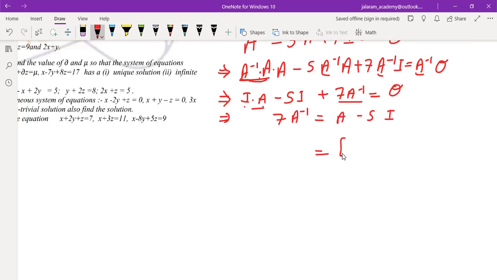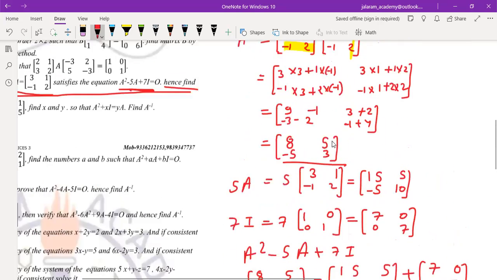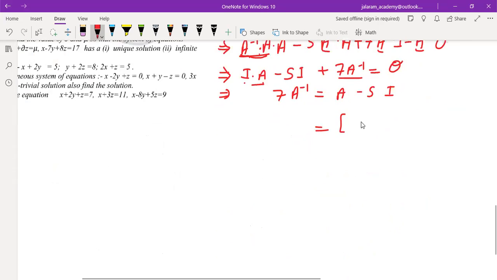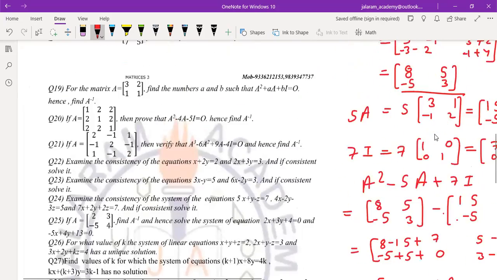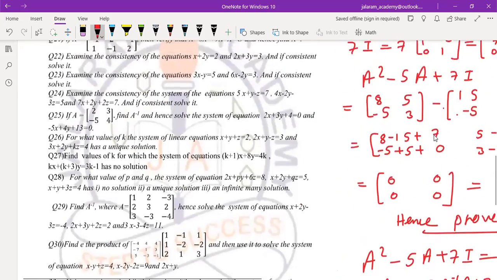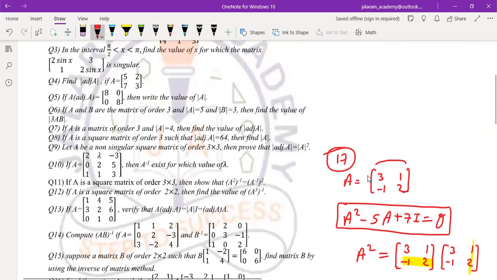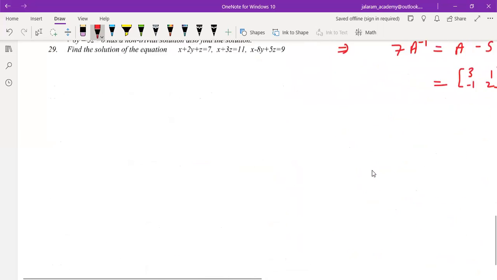Now, matrix A is 3, 1, minus 1, 2. Minus 5 into identity matrix is 1, 0, 0, 1. So 3, 1, minus 1, 2 is A, which we have used.